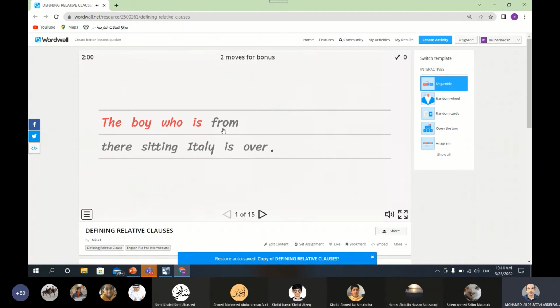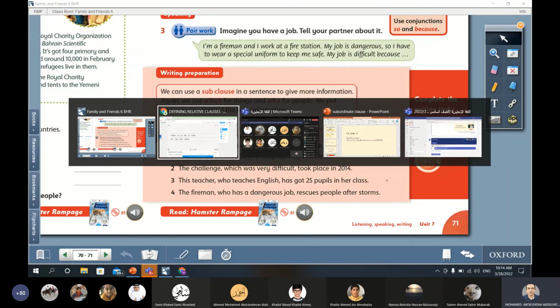The boy who is sitting. The boy who is sitting over there. Is from Italy. Perfect, Khalid. Good answer. The boy who is sitting over there is from Italy. Bravo, Khalid. And now let's go to the next one.